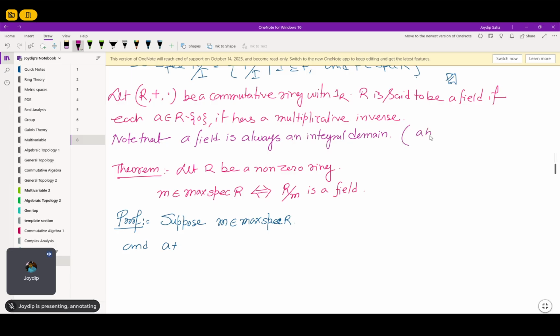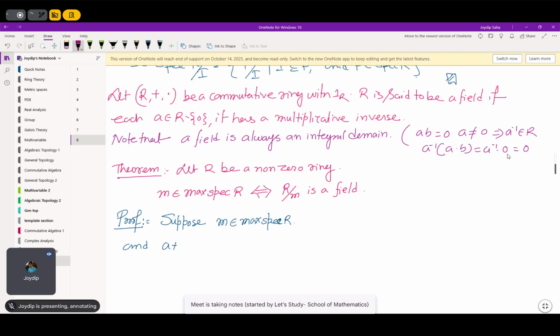Thus, if ab equals 0 and a is non-zero, a inverse belongs to R, so b equals a inverse times 0 equals 0. So b equals 0. But the converse is not true. An integral domain may not be a field. Example: Z. What is true is that a finite integral domain is a field. We'll prove that later.